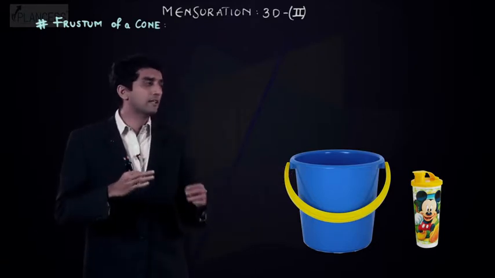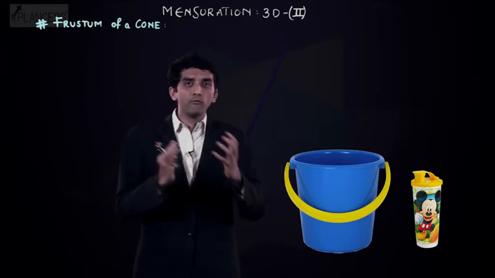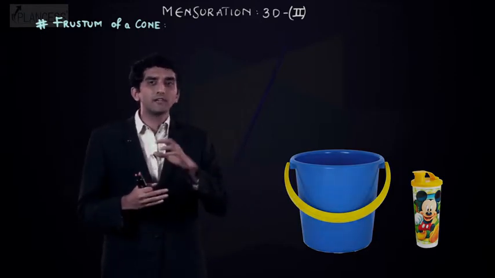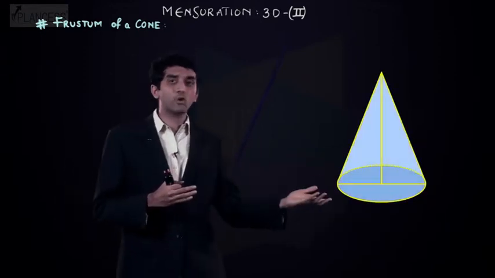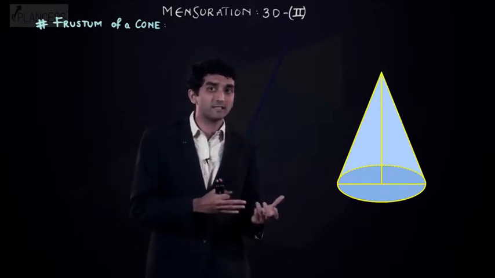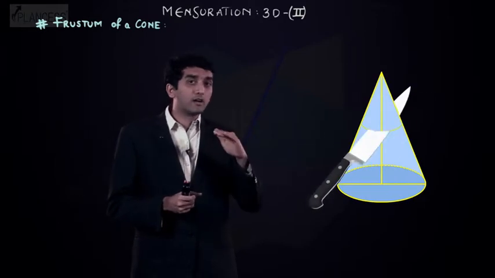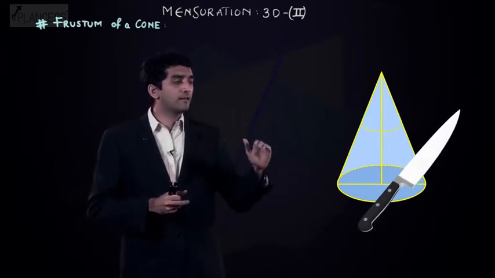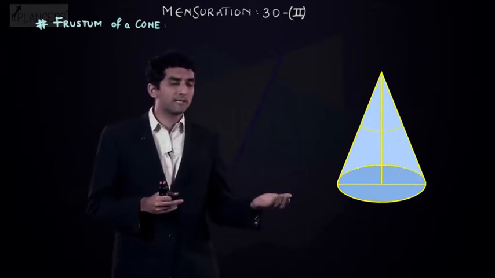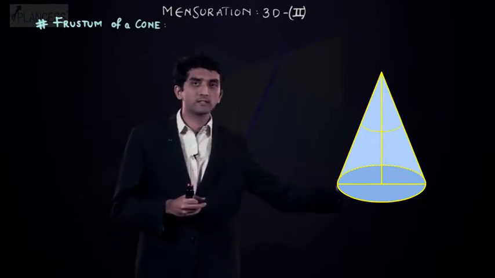As we are saying that it is a frustum of a cone, it has to be naturally derived from a cone. So let's take a cone. As you can see, this is a right circular cone, a solid cone. Now if I cut this cone parallel to the base of a circle, so basically this is the base of a circle.